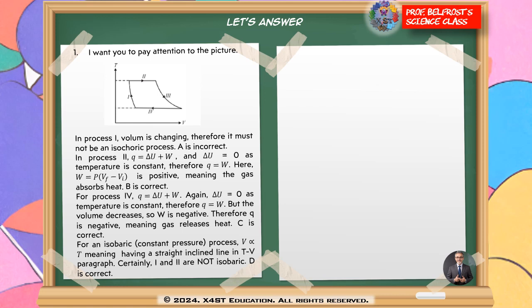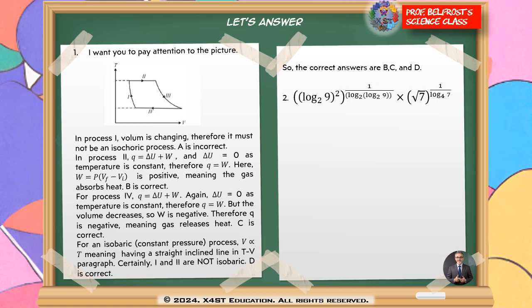I'm sorry, I mistyped. 1 and 3 is not an isobaric process. So D is incorrect. So B is correct, I'm sorry. So the correct answers are B, C, and D.